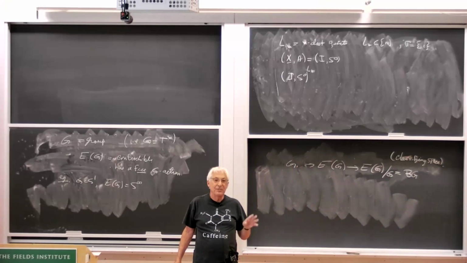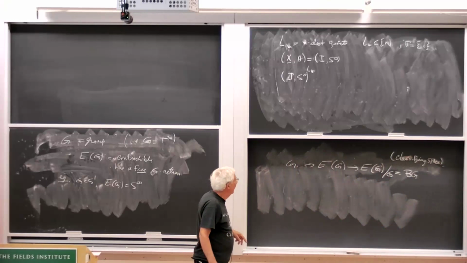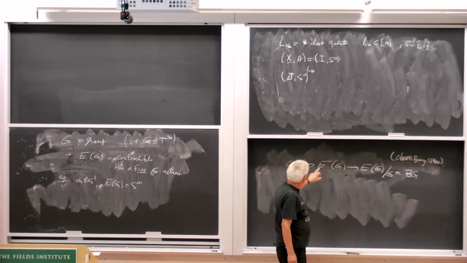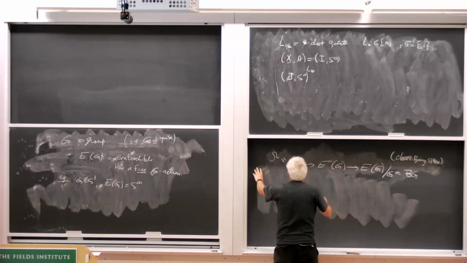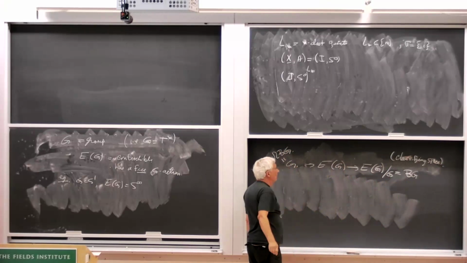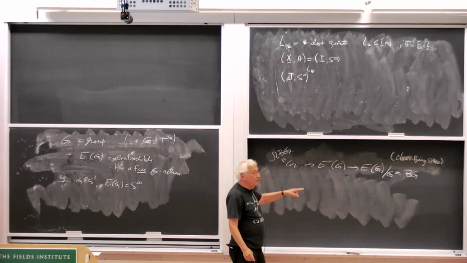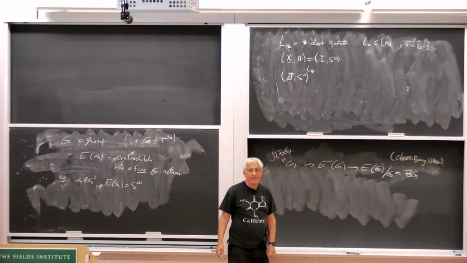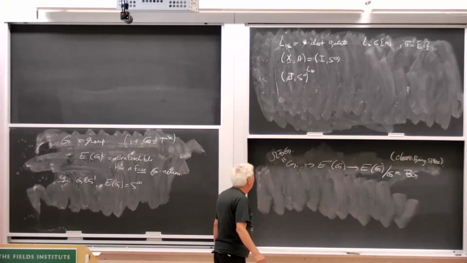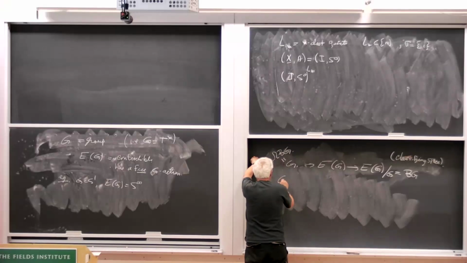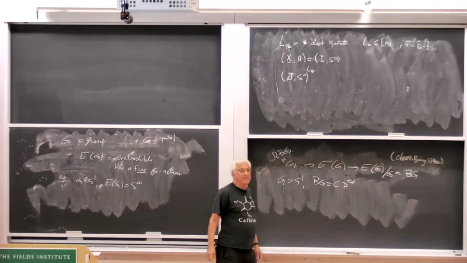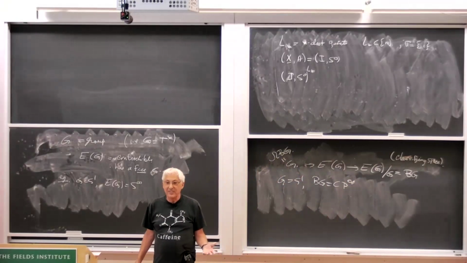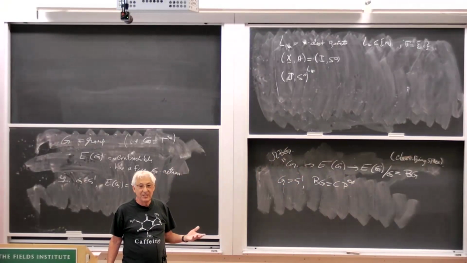If these are foreign words to you, just don't worry about it. If I have a contractible fiber, that means that this space is the loops of that space. So one of the reasons for introducing BG, it is what's called a de-looping of the group. But that's not going to play a role in this lecture. But what will be useful, again, is our example. BG is CP infinity. If you believe EG was S infinity, then it's not a big leap to believe BG is CP infinity.